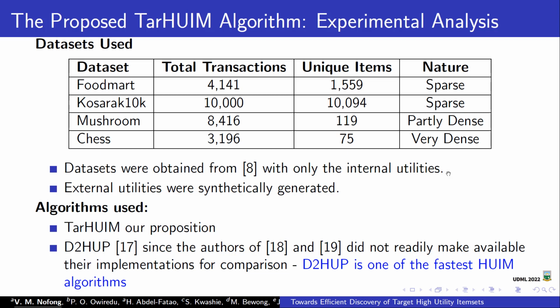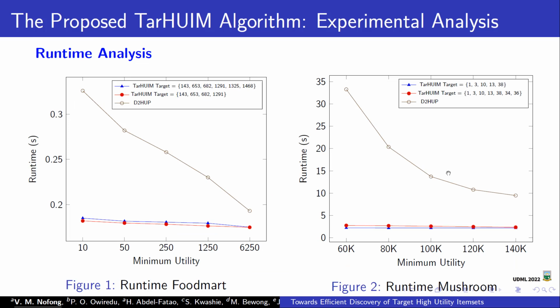Our experiments were conducted with regards to runtime, reported target high utility item sets, as well as the memory usage. We use different targets, as can be shown on the slides. For our proposition, we had different targets to see how it performs compared to the D2HUP, and we had different minimum utility thresholds.